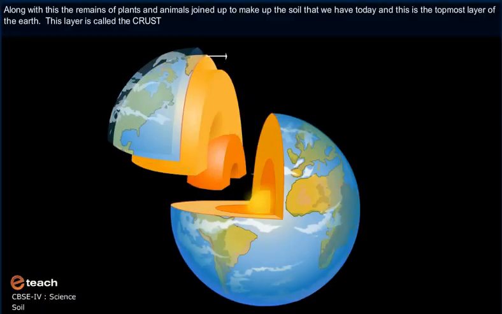Along with this, the remains of plants and animals joined up to make up the soil that we have today, and this is the topmost layer of the earth. This layer is called the crust.